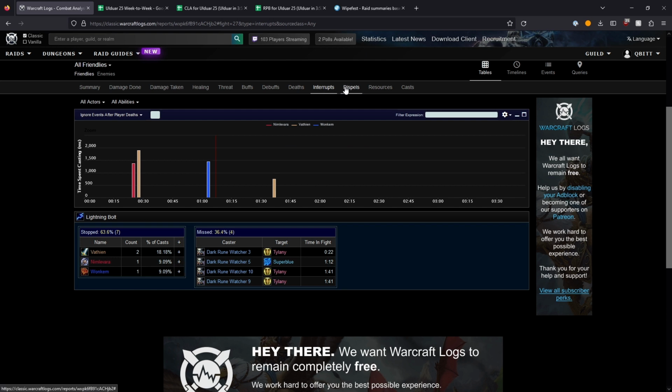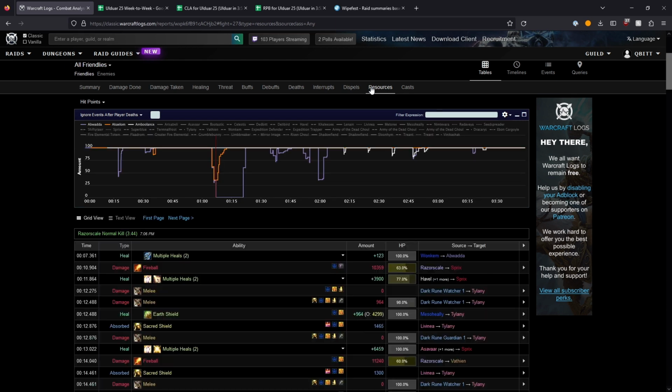Interrupts and dispels are essentially the same thing: who's doing what for stopping certain events. Again, our Google Sheets also show this in a little easier to read way. For raid leads, this is good. For individuals, it's usually not important. Resources I don't really worry about.